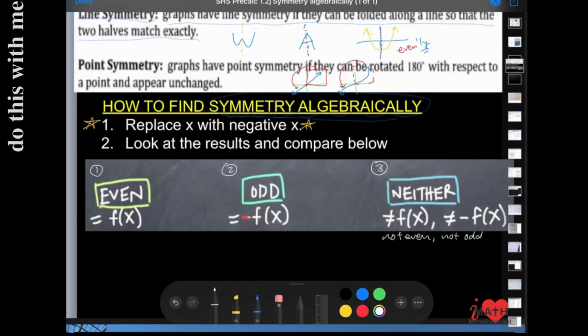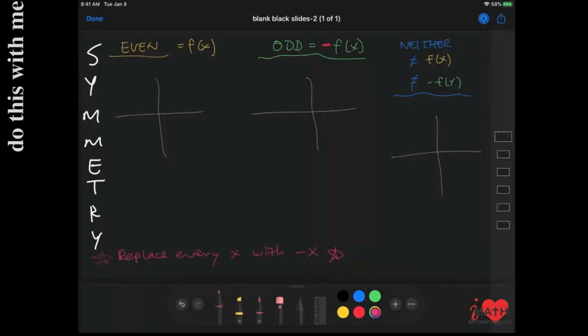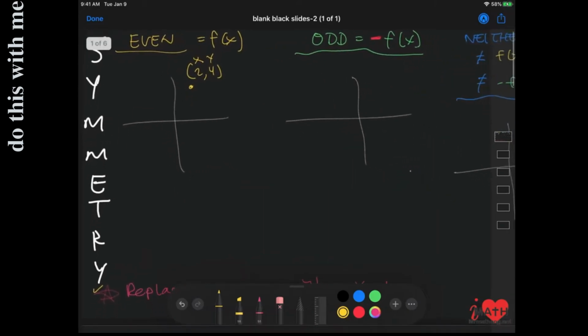Why is this the case for these? Okay, let's do an example of even. Let's say my ordered pair here is 2, 4. And this is my x, and this is my y. And to test it below here in pink, you're going to replace every x with negative x. So if I take this value and make it negative, or opposite of what I have, you get negative 2.